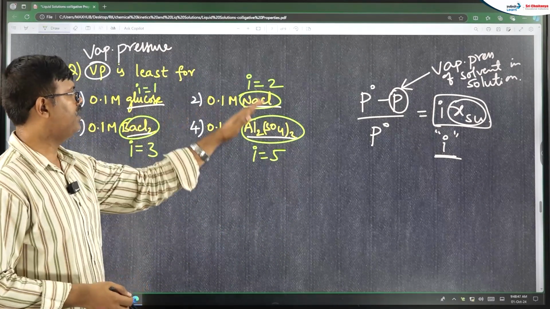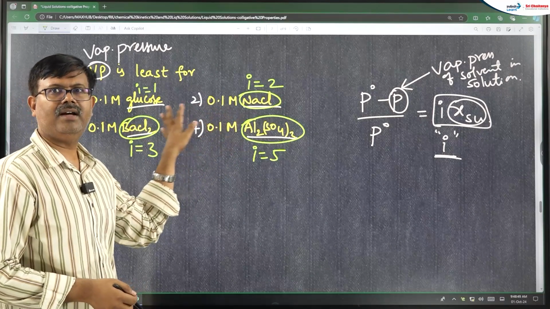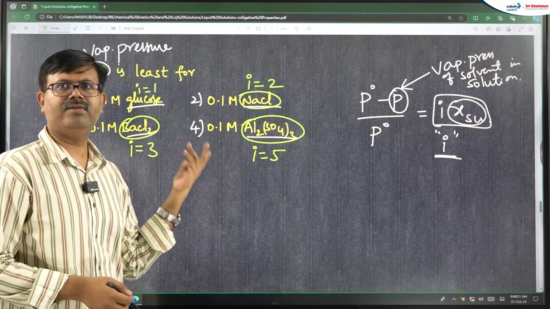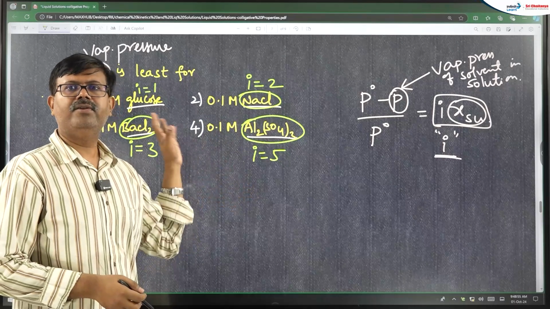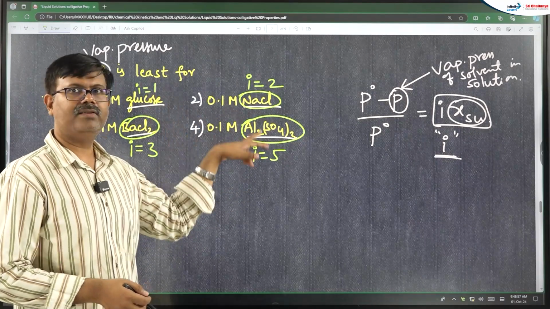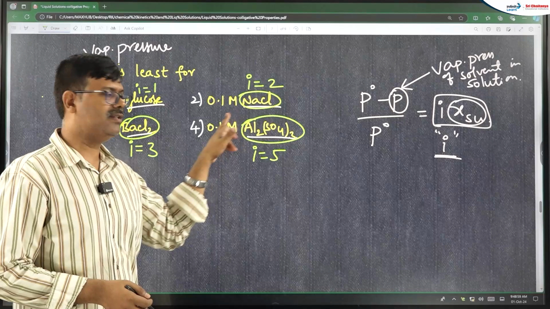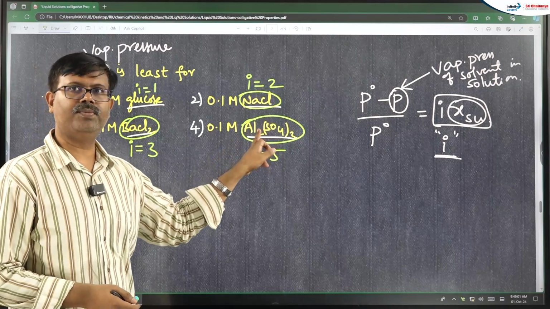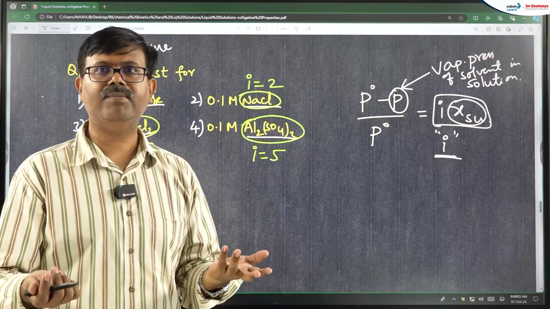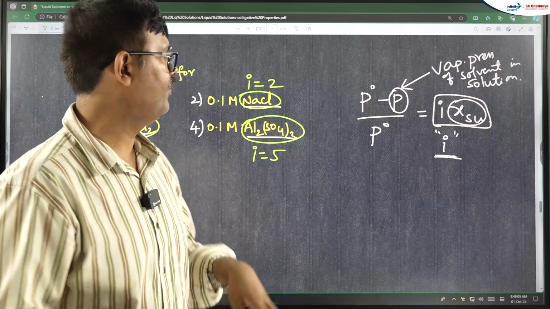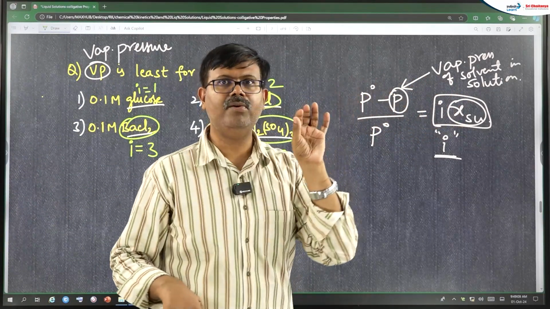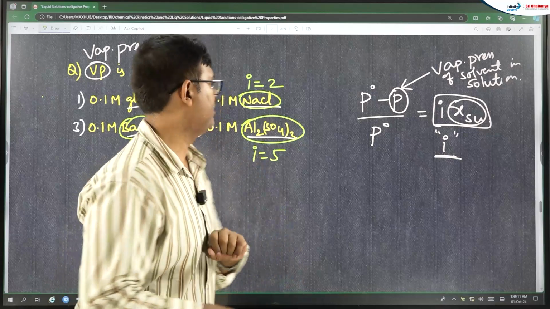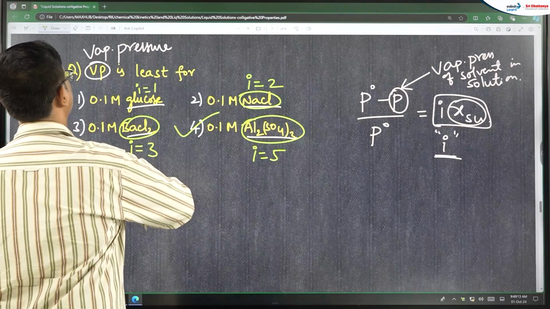So among these, I already assume mole fraction values to be same because molarity is same. And if you see Van't-Hoff factors, which one has the highest? Fourth option. Highest Van't-Hoff factor means automatically the right side quantity will be highest, so vapor pressure will be lowest, smallest. So this is the right option.